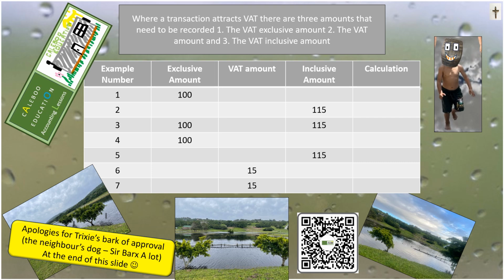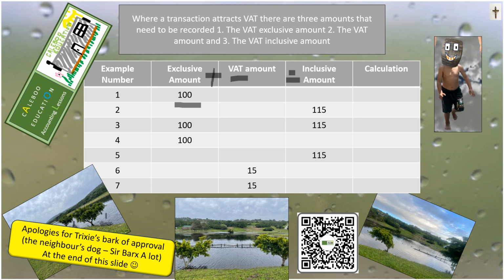So let's have a look. We're given the exclusive amount to be 100. Now I can calculate the VAT amount, and then I can say the exclusive amount plus the VAT amount is equal to the inclusive amount. But let's have a look here first.